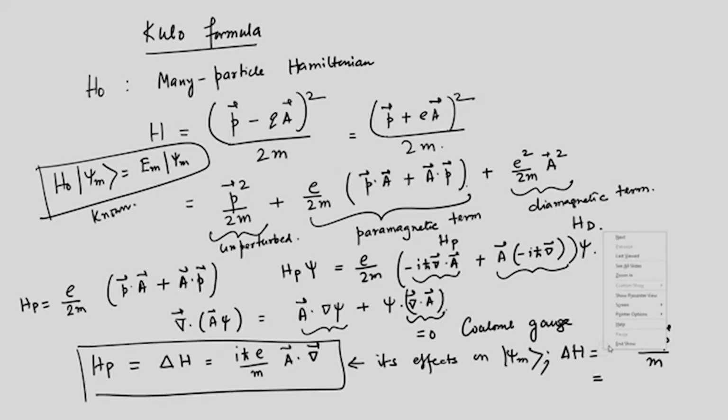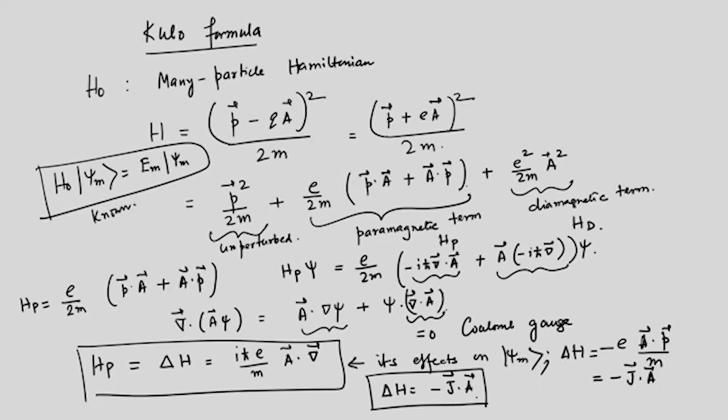There is a sign that comes here, and that tells you that p over m becomes equal to v, and then e into v becomes equal to the current density. So, this is actually equal to minus J dot A. We are going to work with this as the perturbation, which is minus J dot A.